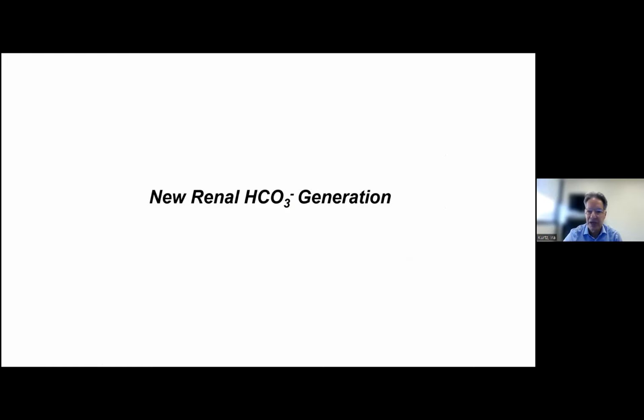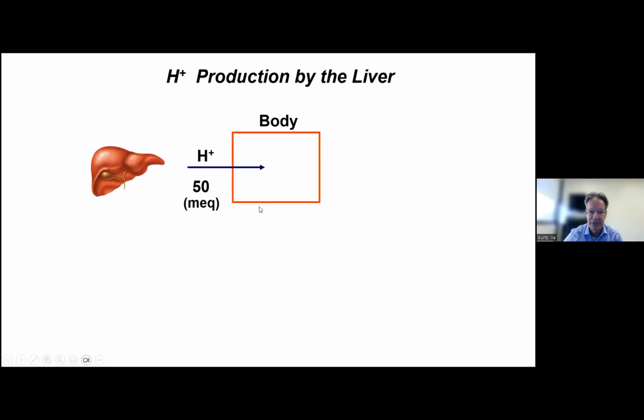Now, the second thing I mentioned is the kidney must generate new bicarbonate above that amount to match the acid that the liver is pumping into the hepatic vein every day because of the type of food we eat. So again, we have this proton production by the liver, around 50 milliequivalents a day of protons in the form of hydrochloric and sulfuric acid. I didn't show the anions here. And the kidney generates an equal amount of new bicarbonate.